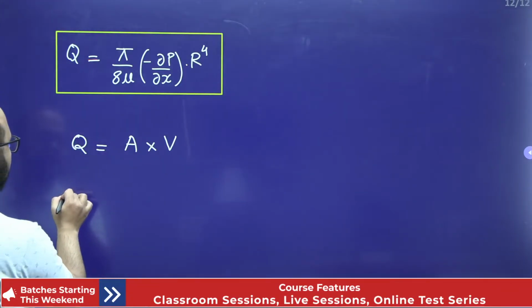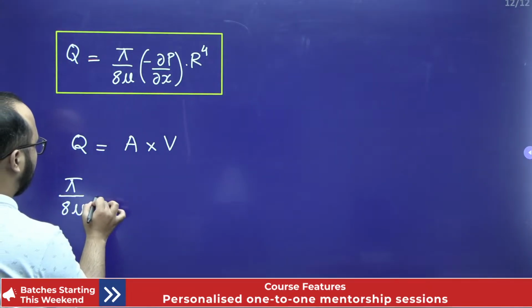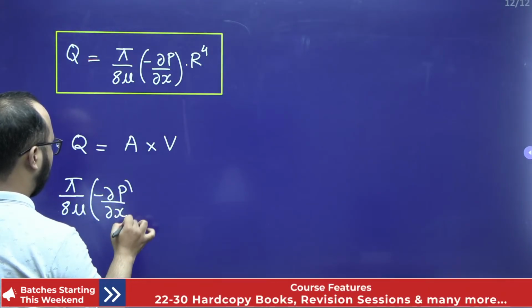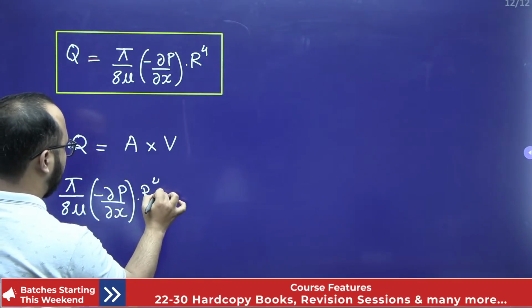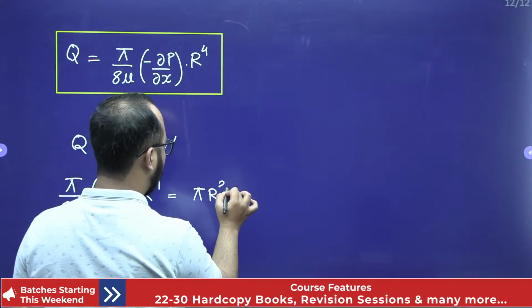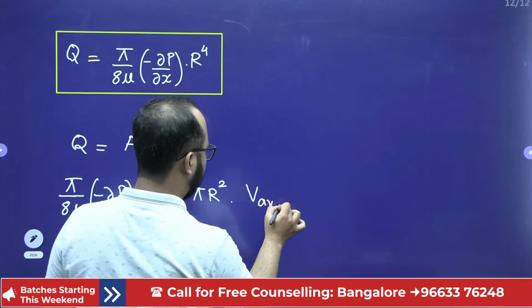Okay, so put it here like this. Area will be pi into R square, and velocity should be average.